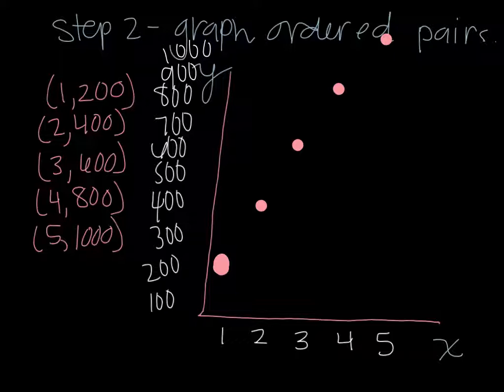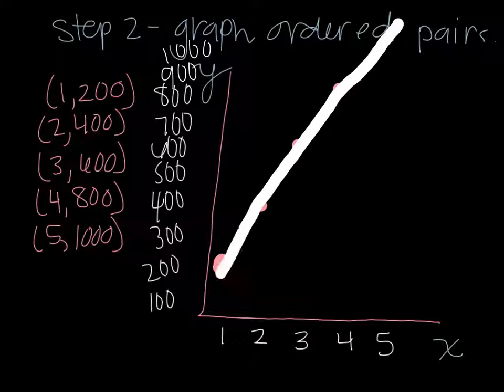And you'll notice, if you've done this correctly, you've made a pretty straight line between your points. If we extended this line further and further, we could figure out how many pancakes it makes in 20 minutes or 300 minutes, just because it would always fall on this line. All of your solutions would be on this line.